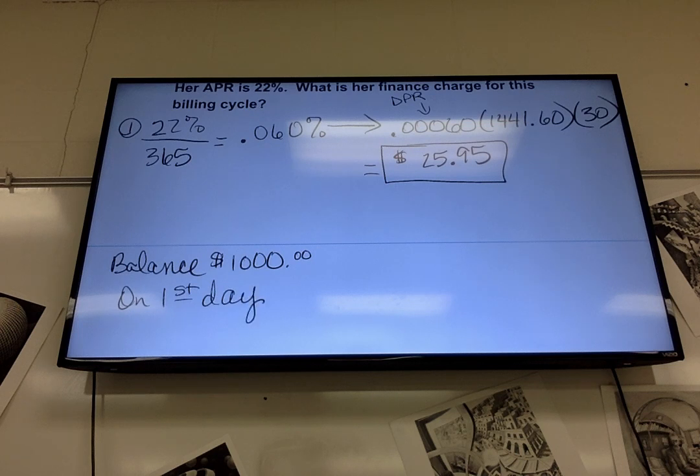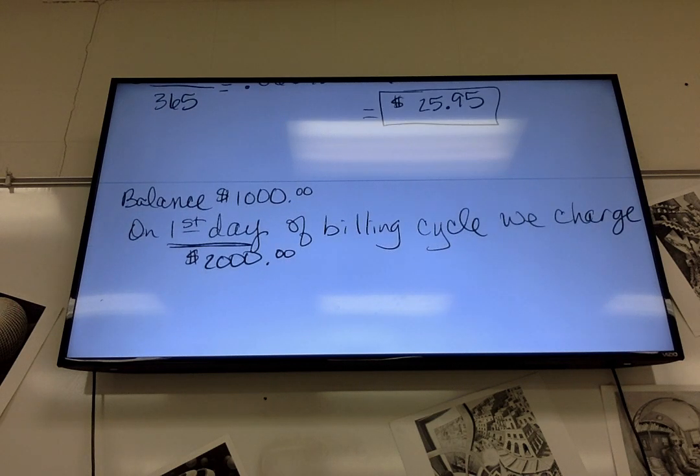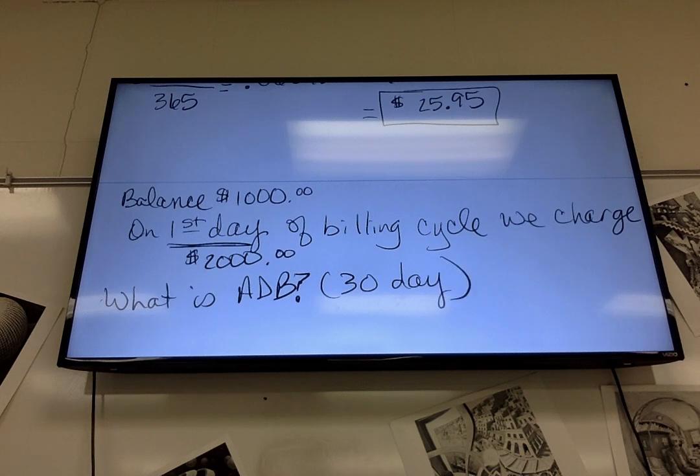And on the first day of the billing cycle, we are going to charge $2,000. We want to know what is the average daily balance. And this is for a 30-day cycle.